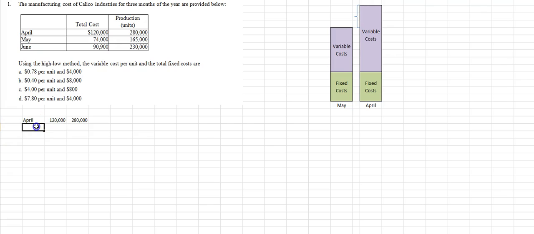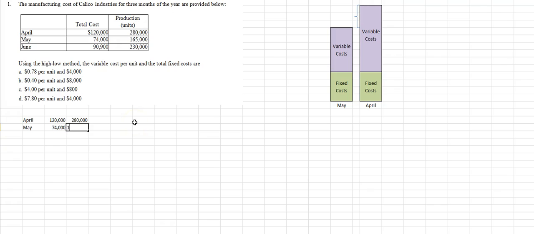And then May was the low, so we'll just put May here. 74,000 was the cost, right? So this whole thing here is 120,000, and this whole thing here is 74,000 in cost. Those are the total costs, what these bars represent, right?